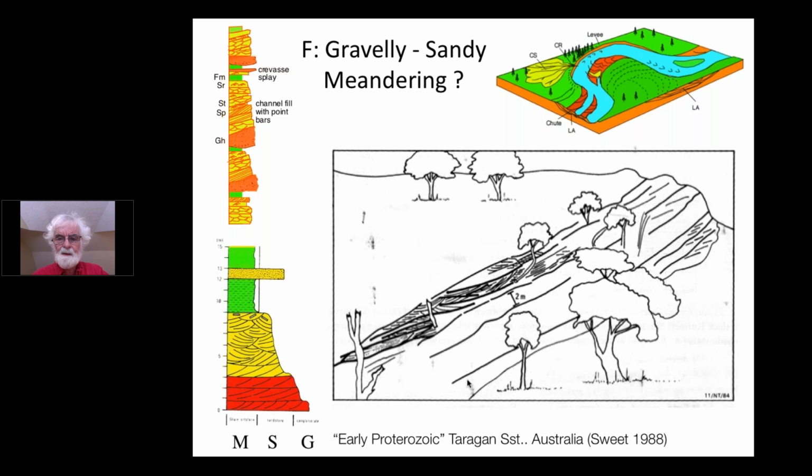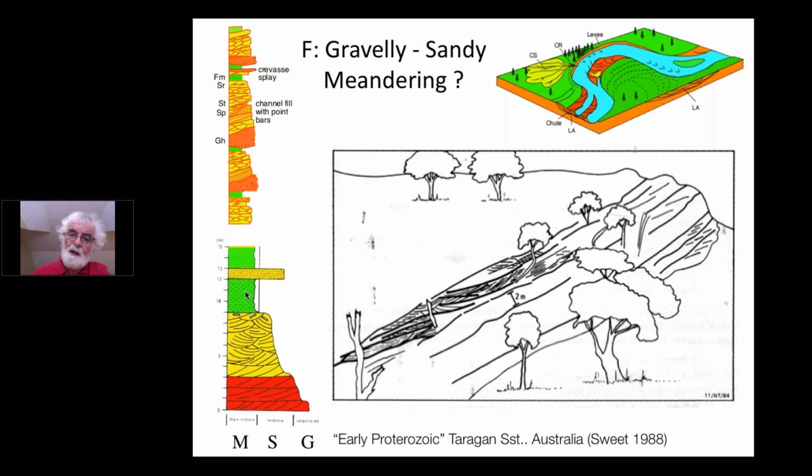But when it comes to gravelly, sandy meandering systems, this is one of the first that was described, and the early Proterozoic Tarlton sandstone in Australia is often cited as an example of a pre-vegetation meandering system. But when we start to look at it in detail, it isn't. This type of system appears to be a stack of a coarse system, a sandy system, and then some form of muddy system, which could be a marine incursion.